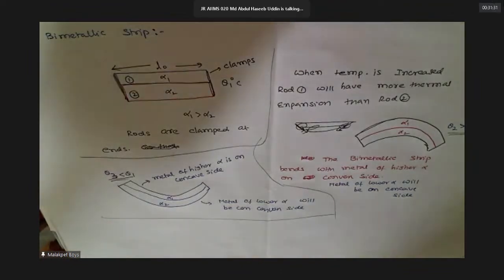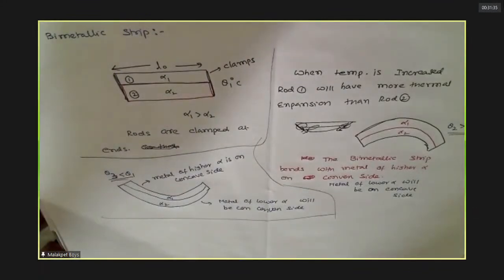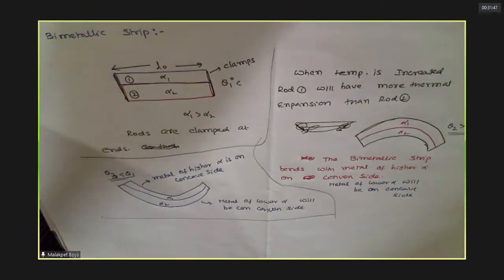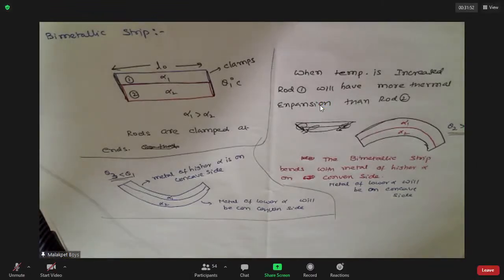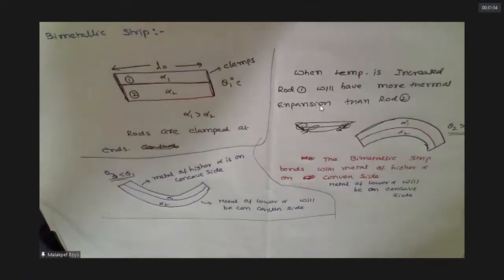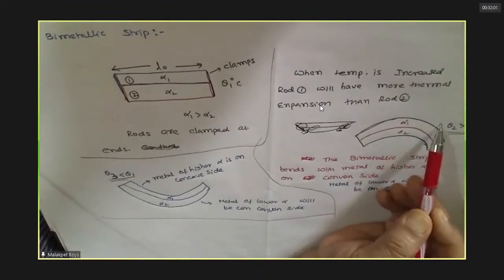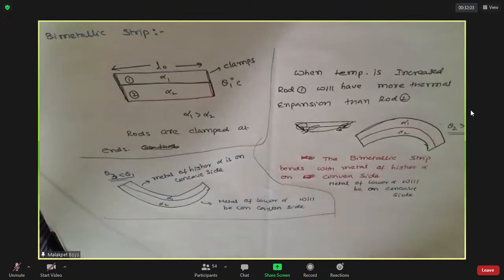The metal of lower alpha will be on the convex side, sir. See, here higher alpha, convex, higher temperature. Lower temperature, lower alpha will be there now.